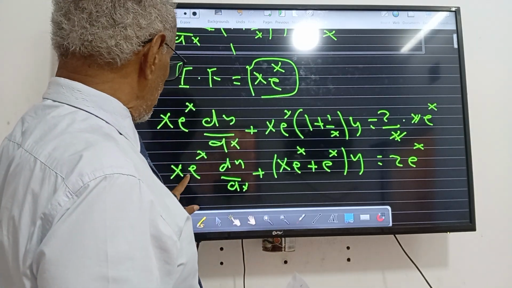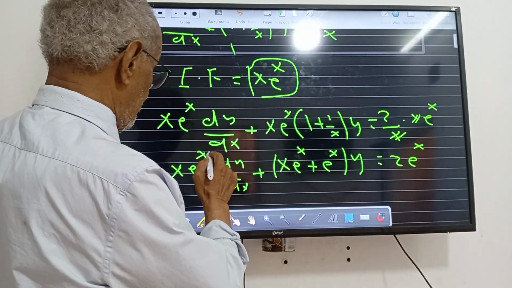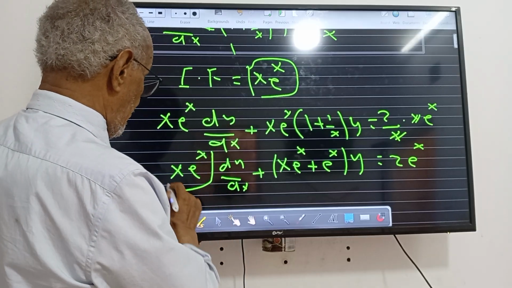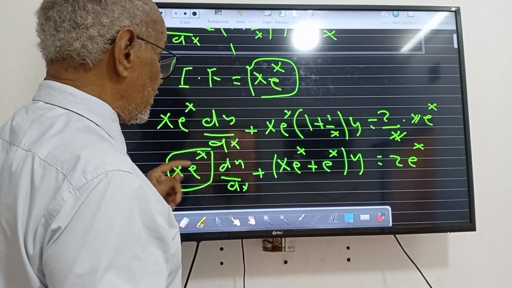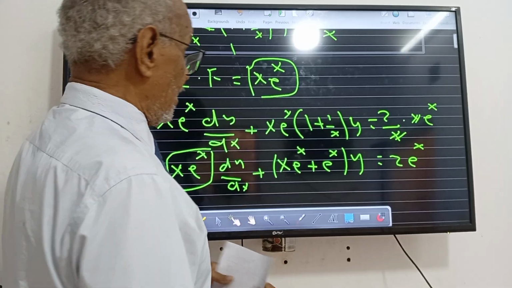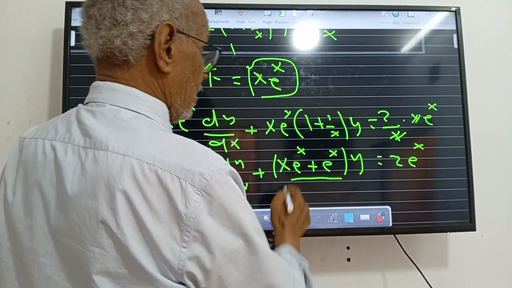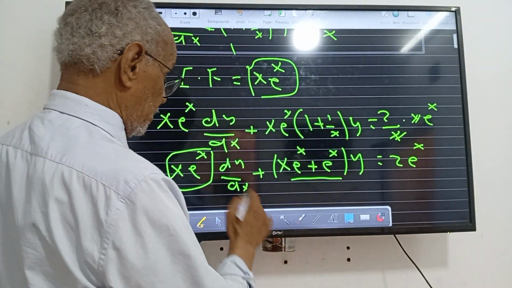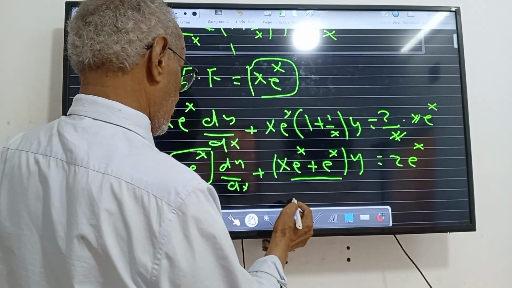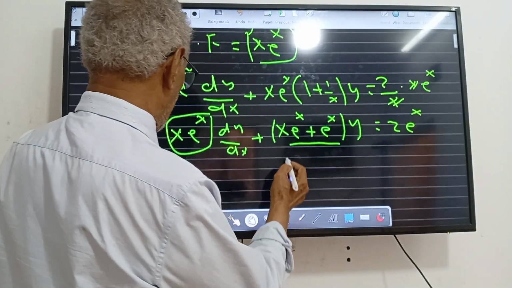What is the differentiation of the left-hand function? I think the differentiation of this function is this one. If you are not satisfied, I will do it for you.